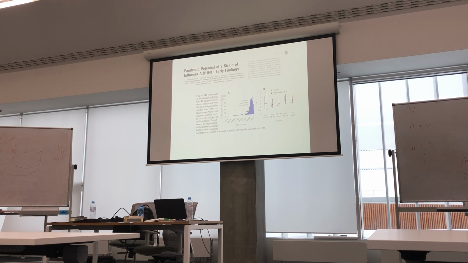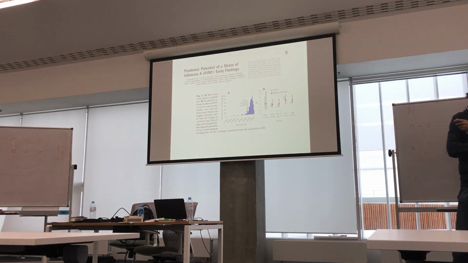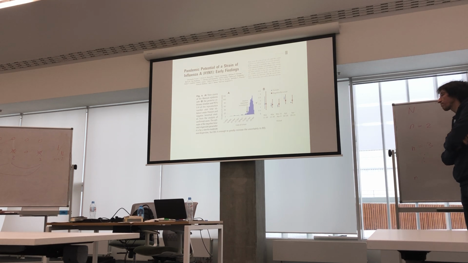However, the data back then was too scarce to tell how bad it was, and there was some early data showing that people who were dying of it tended to be younger than those usually dying from seasonal flu, which got everybody very scared because that was reminiscent of the Spanish flu.